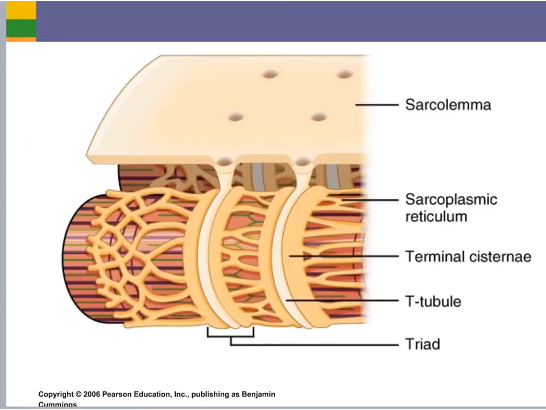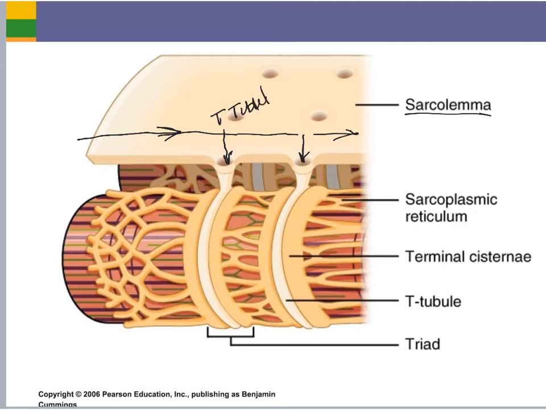Here's our sarcolemma, and let's pretend that our action potential is coming in this way. It's not only going to travel across the sarcolemma, it's also going to travel down these holes. They're not really holes, they're kind of invaginations of the sarcolemma. These are called the T-tubules.